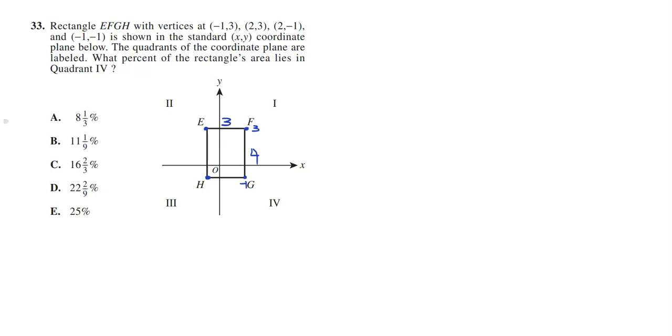Because it's asking what percent of the rectangle's area lies in quadrant 4, what are we really looking for? We're looking for the percent of the rectangle that this area represents. So let's find the area of the rectangle. The area is length multiplied by width, which is 3 multiplied by 4, and that is 12.